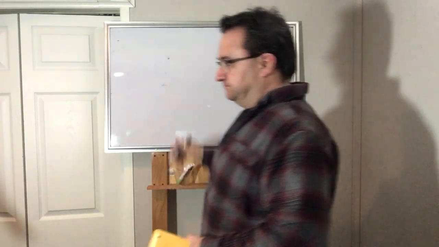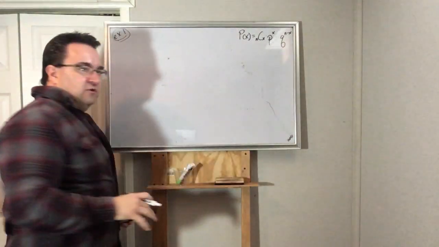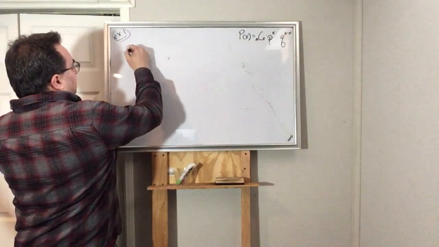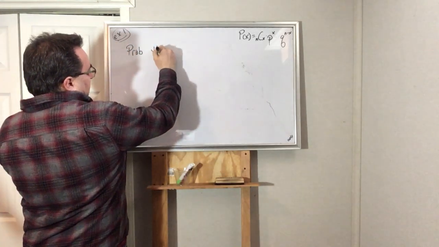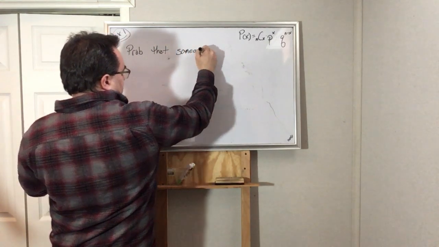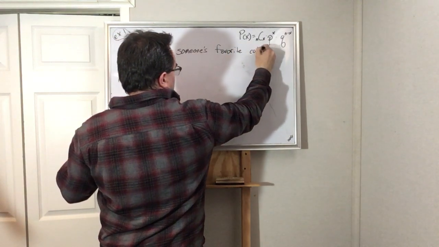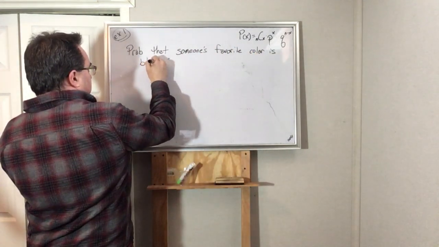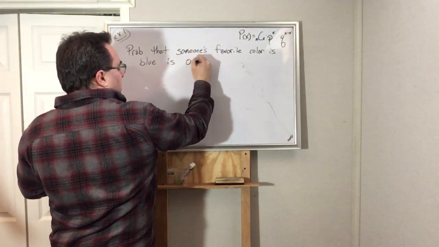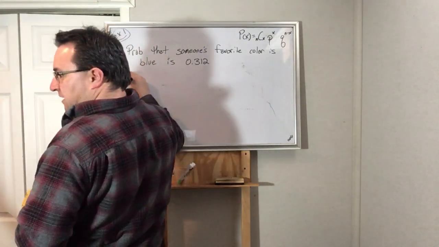All right, example 1. Suppose that I've done a lot of research and I found out that the probability that someone's favorite color is blue is 0.312 or 31.2%. So then I could ask a question.